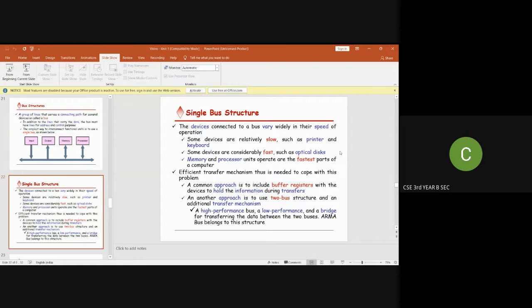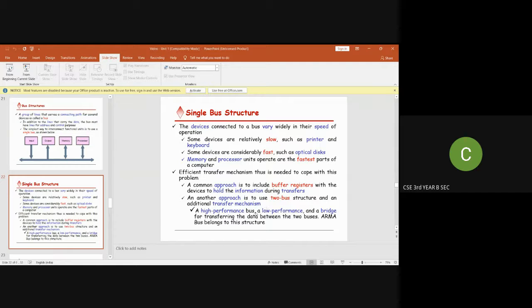In order to make the transfer mechanism efficient, we need some other registers, that is, buffer registers. With these buffer registers, the devices hold the information during the transfers. Another approach is to use a two-bus structure and an additional transfer mechanism.